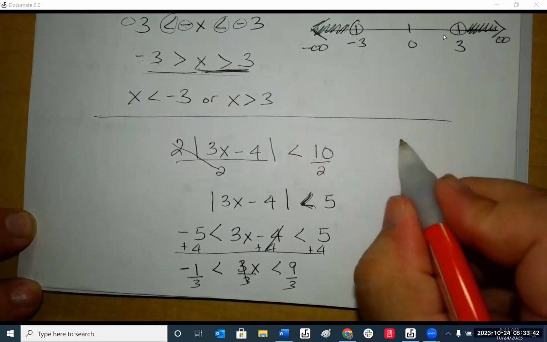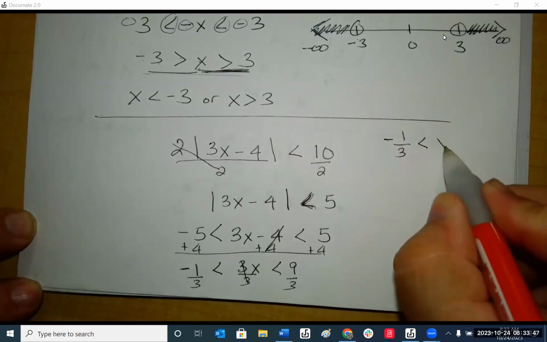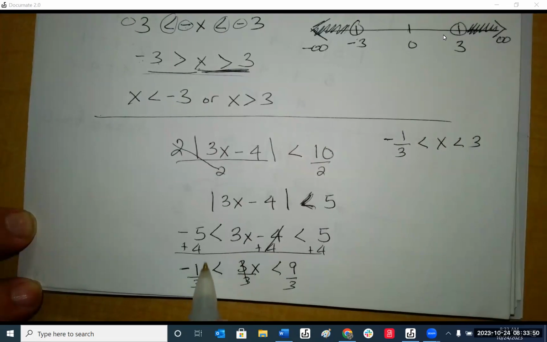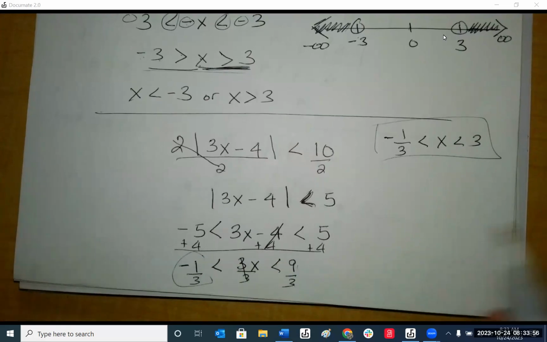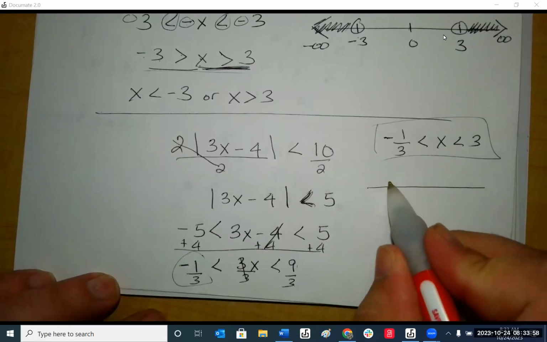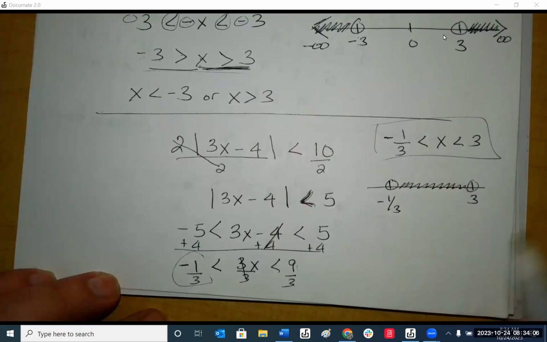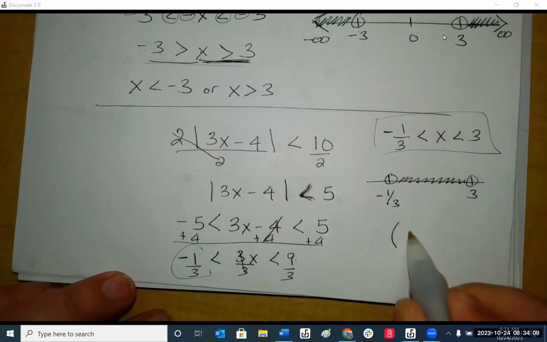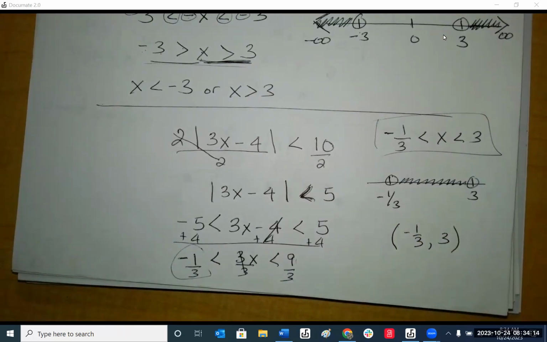So our solution is negative 1/3. 9 divided by 3 is 3. So this is what we're saying our solution is. Our answers are between those. We can use any x between negative 1/3 and 3.